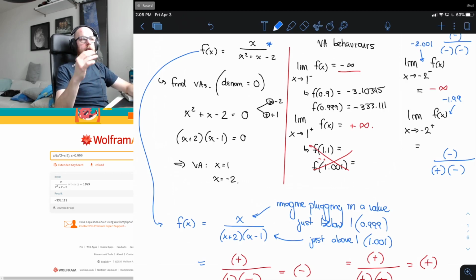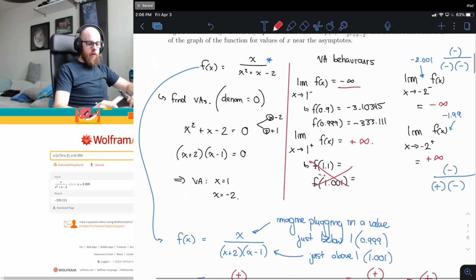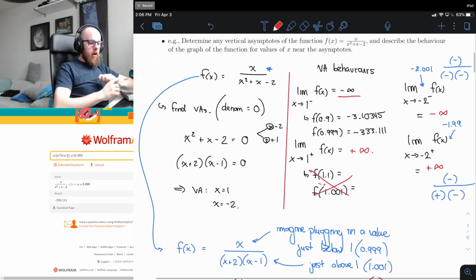So we have a negative divided by a positive times a negative, and that whole thing will be positive. So when we approach from above, we get positive infinity. That's what our function is going to do. Now, you might be wondering, why the heck are we doing all of this work?